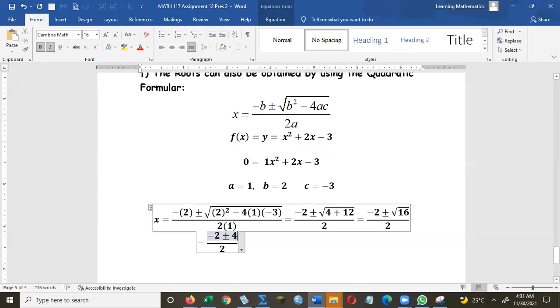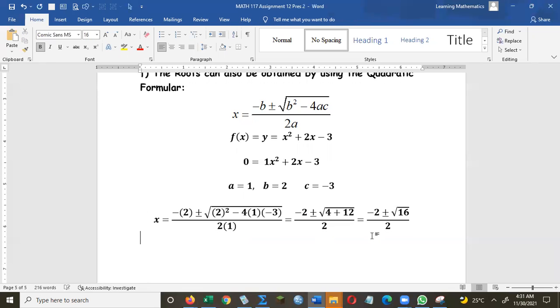So what we have in this step is x is equal to negative 2 plus minus 4 over 2.